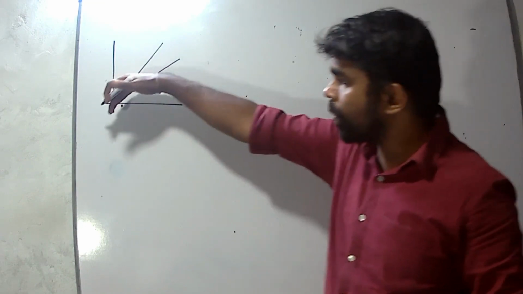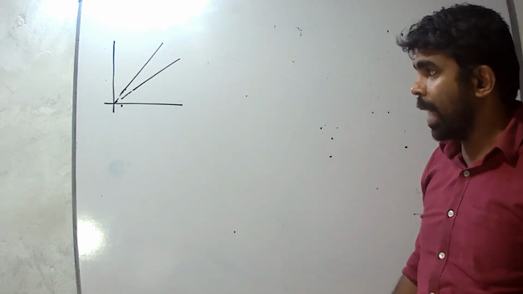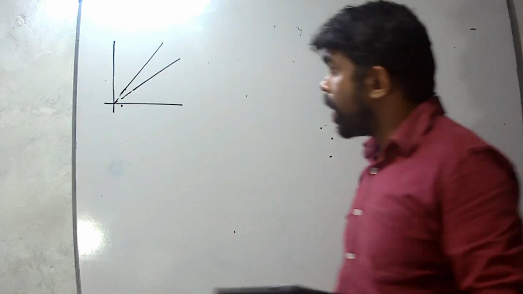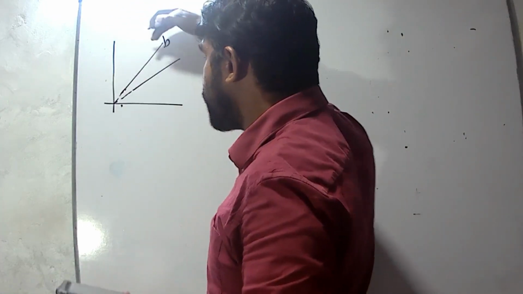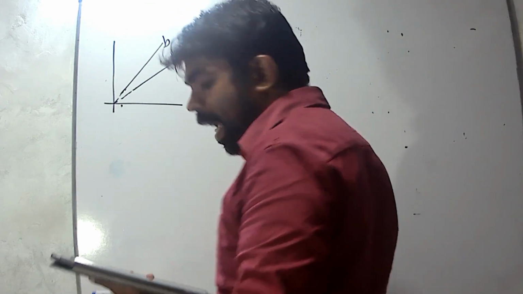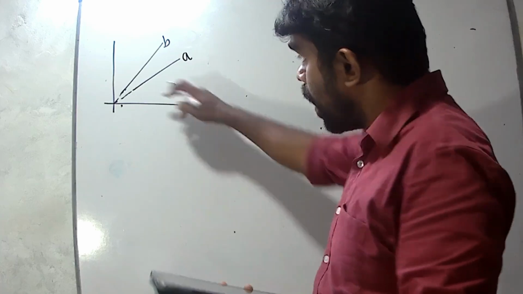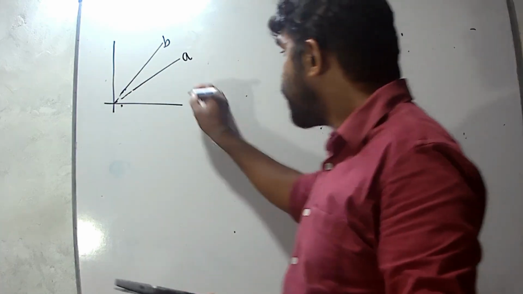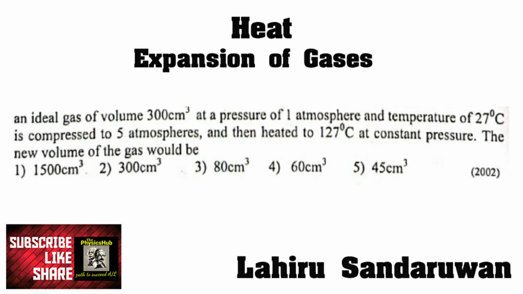Therefore, the graph should pass through the origin, and after adding gas the graph should be this one, and before adding gas it should be this one. Then the answer is 2.